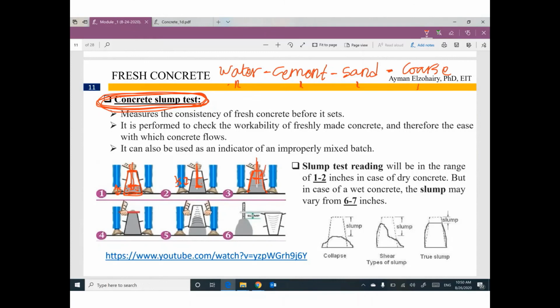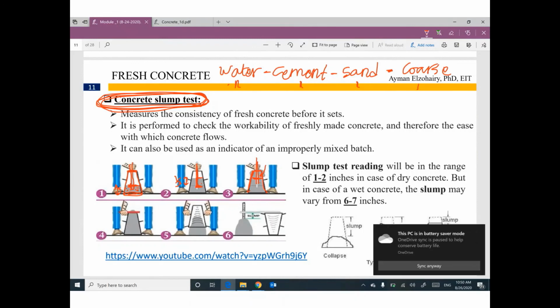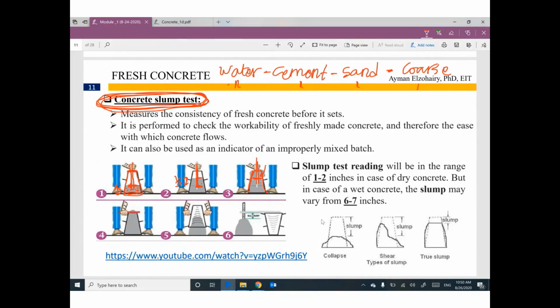Once you are done and you fill the cone with concrete, go ahead and level the surface, remove any extra concrete, and remove the steel cone.